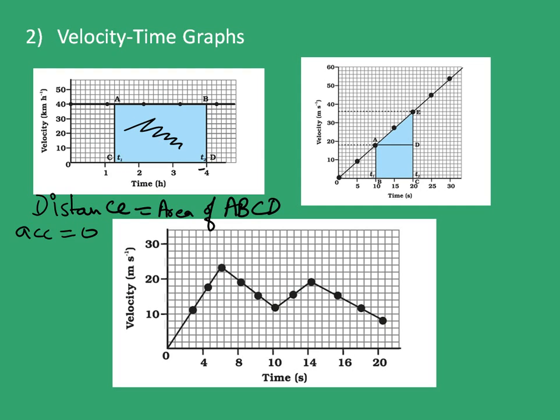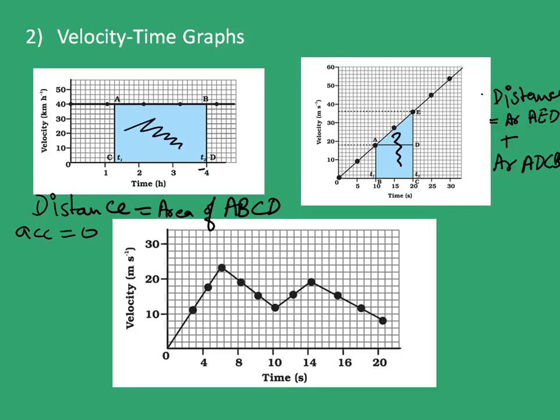So the distance traveled in this case will be equal to area AED plus area ADCB, which is equal to the whole shaded region in blue color.